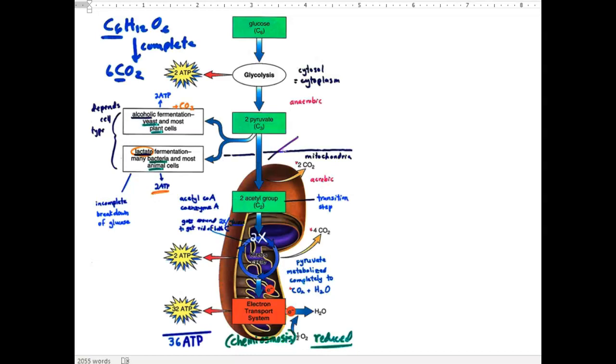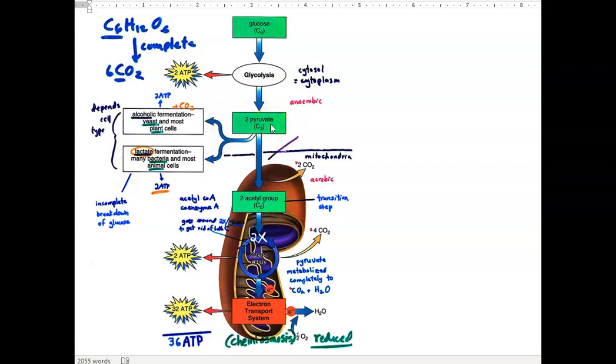So let's go back to this picture. So we followed the arrow down from glucose all the way down to oxygen being reduced into water. So glucose, glycolysis, splitting of the glucose into 2 pyruvates, making 2 ATPs, electron carriers. This is anaerobic in the cytosol, cytoplasm.